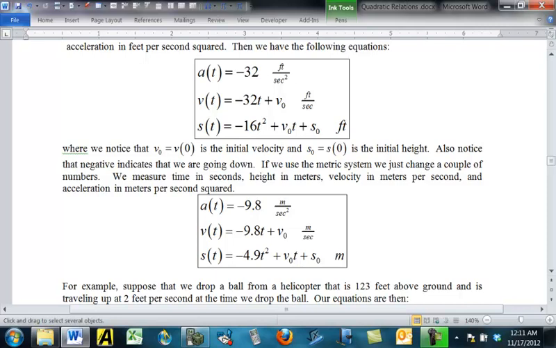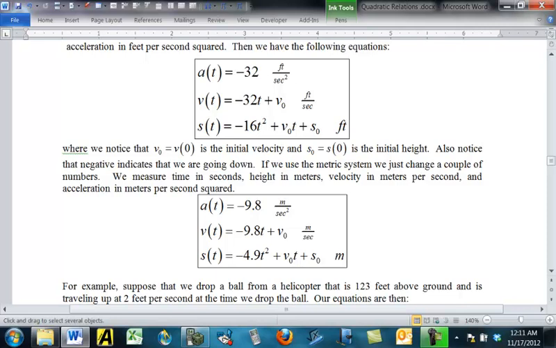Then it turns out that the height is half of the acceleration times t squared plus the initial velocity times t plus the initial height. So a of t is negative 32, v of t is negative 32t plus v sub 0, and s of t is negative 16t squared plus v sub 0 t plus s sub 0.